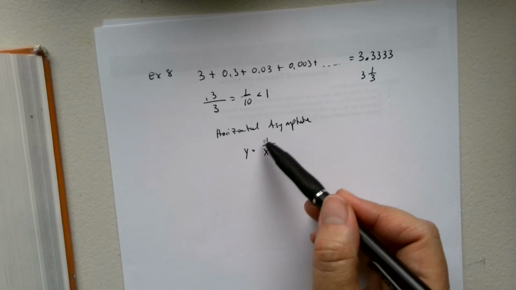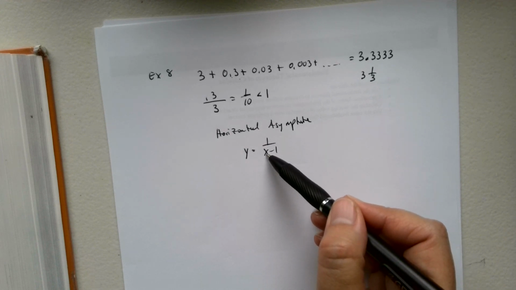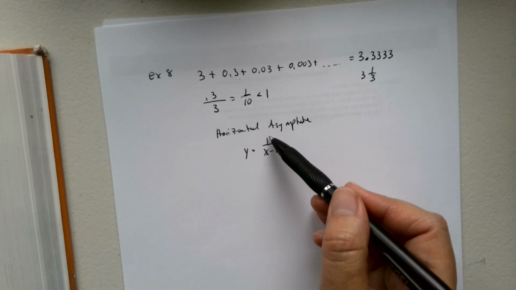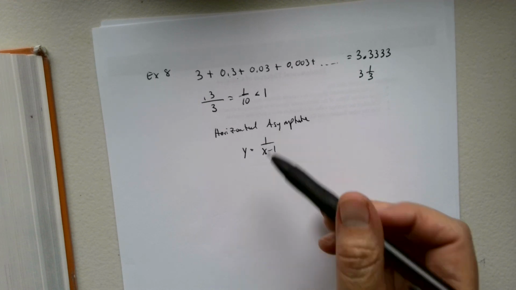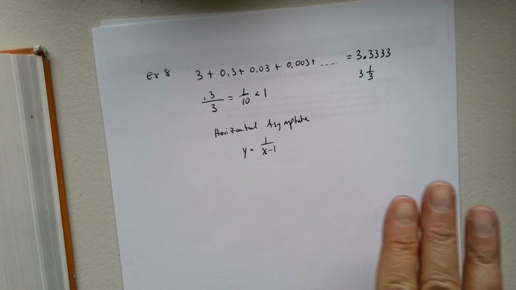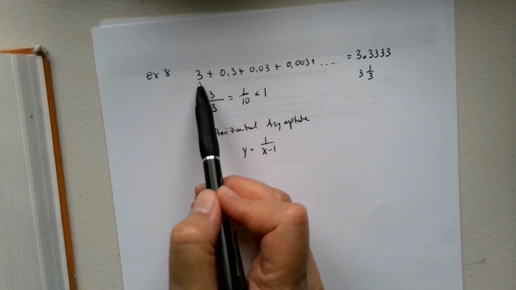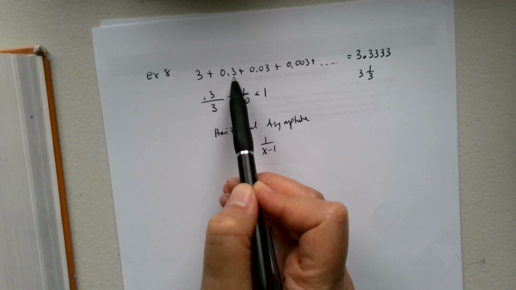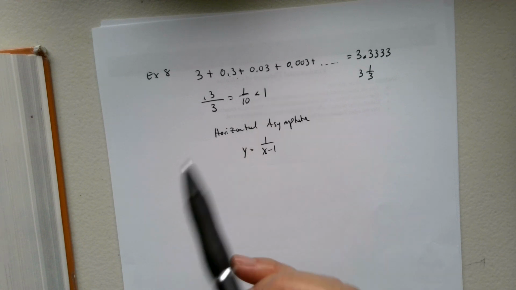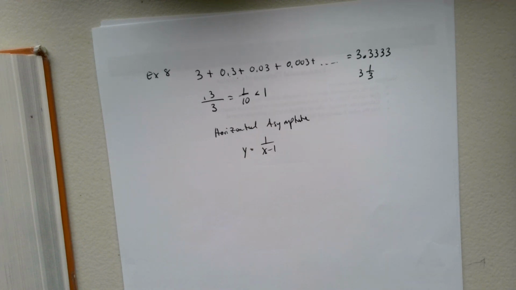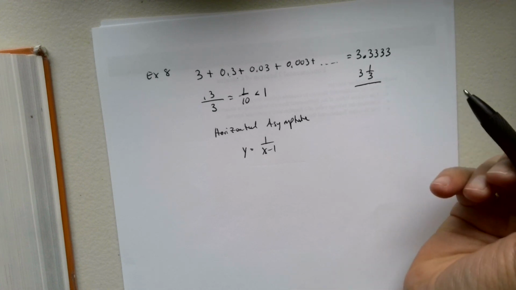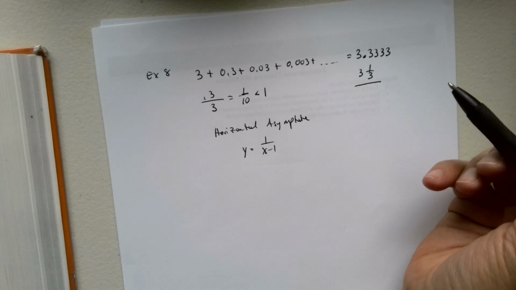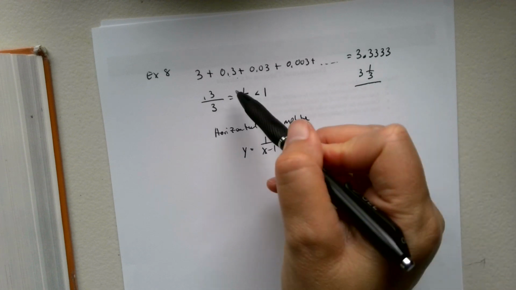As x got larger and larger, the fractions got smaller and smaller, and we would say that the horizontal asymptote was 0, that it was just kind of leveling out, getting closer and closer to 0. So this one started at 3, and then you're adding 0.3 and 0.03. And you're adding these very, very small quantities, and so it's just going to get closer and closer to 3 1/3. Now that's thinking it out.